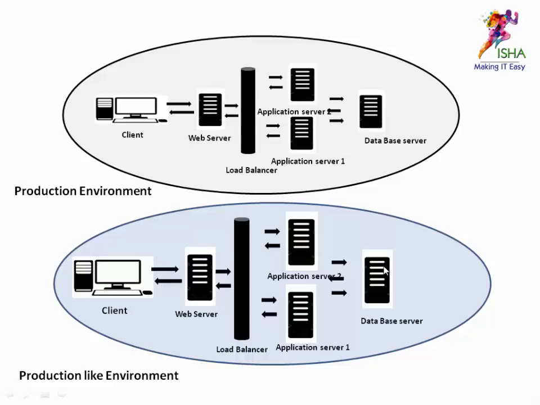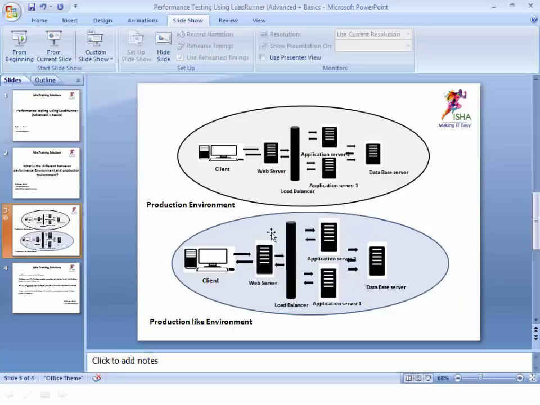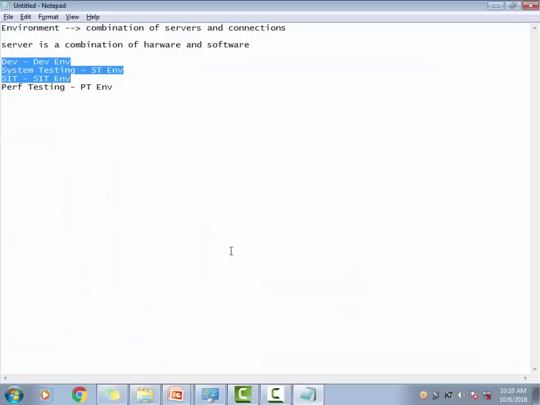When I say similar, what do I mean? Similar in terms of the hardware. For example, if the database server in production has 32 GB of memory, you should have the same 32 GB of memory in the performance testing environment as well.